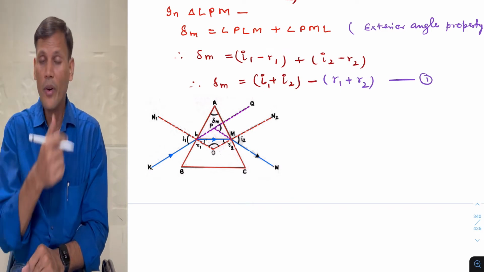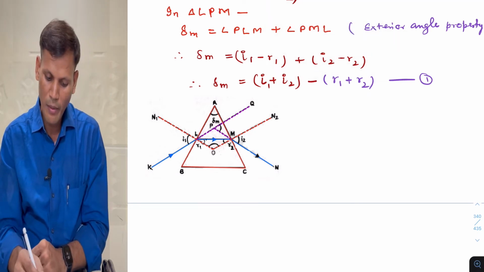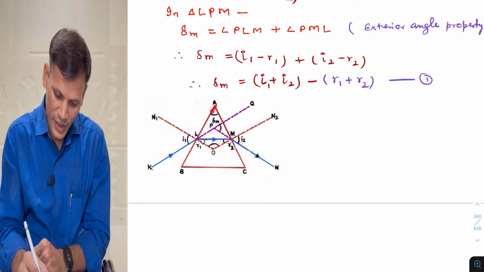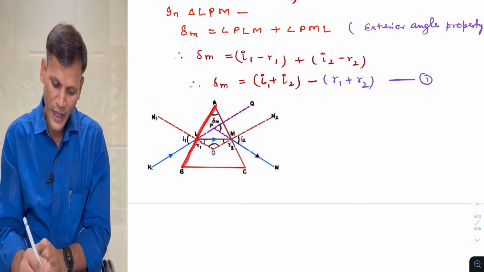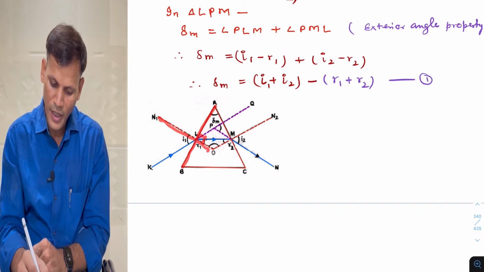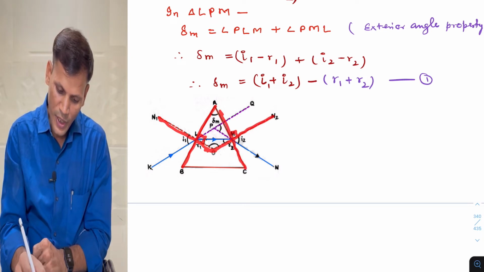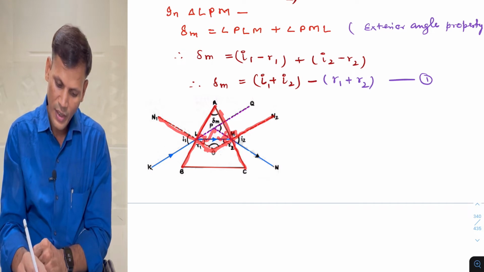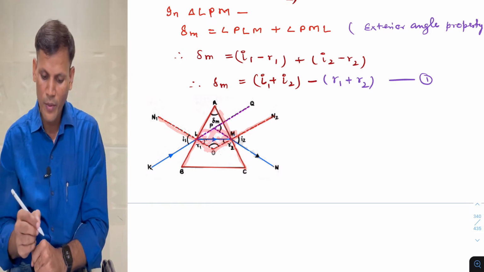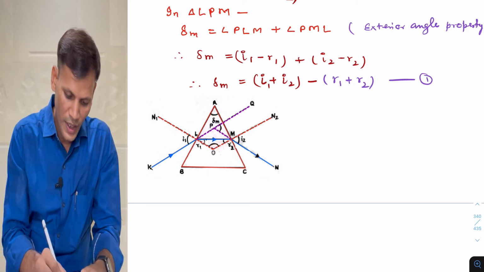Because the sum of opposite angles is 180 degrees. How? This is one refracting side, and this is normal to it, so of course this angle becomes 90 degrees, and in the same way this angle also becomes 90 degrees because it is normal. So 90 plus 90, the sum of this and this angle becomes 180, so this angle plus this angle will be 180 degrees.